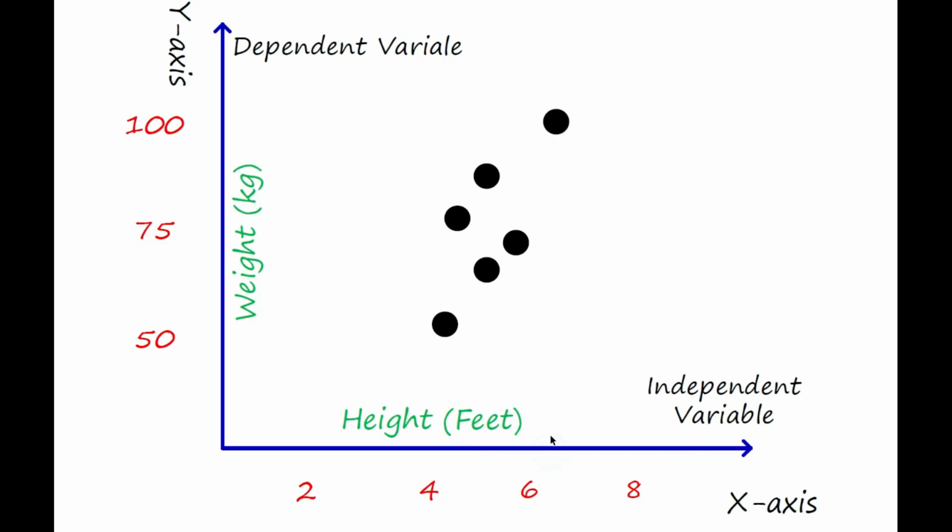You can see its height is above 6 feet, maybe 6 feet 3 or 4 inches, and we check the weight on this side and his weight is 100. So this point represents weight on this scale and height on this side. So we draw all our points and these points show the relationship between the independent variable and the dependent variable. And this is the diagram of a scatter plot.